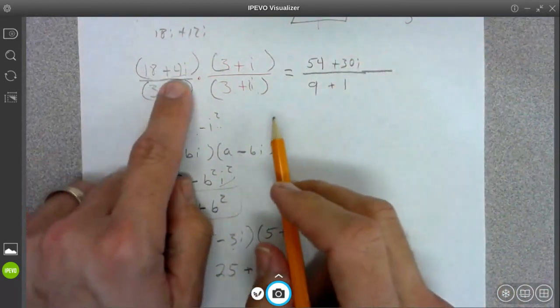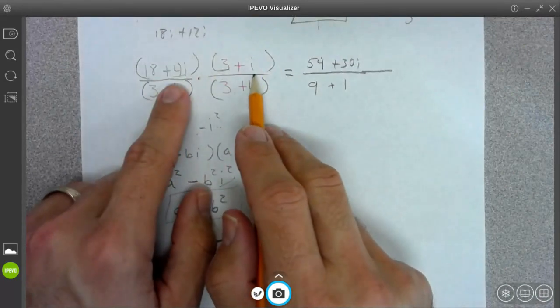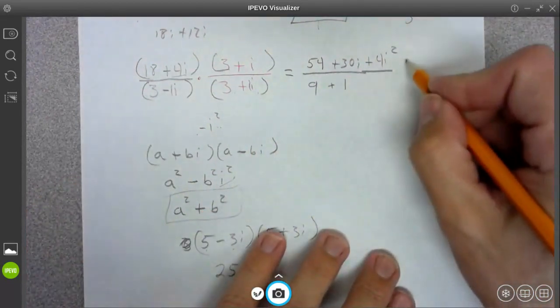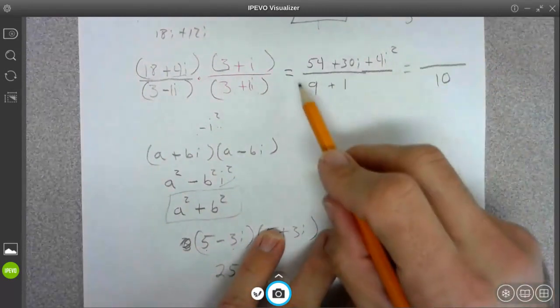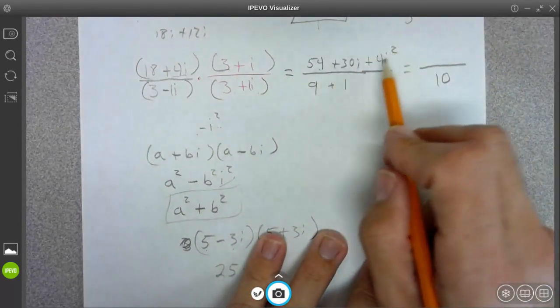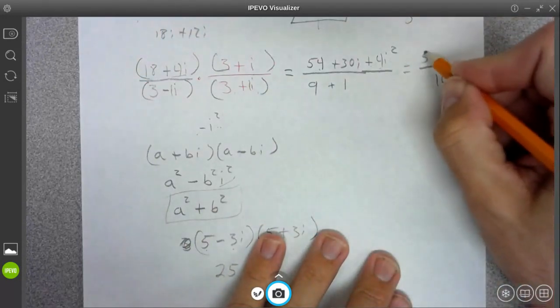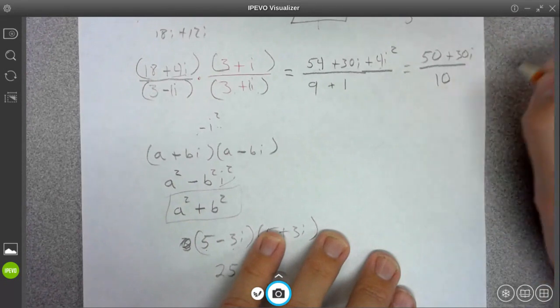And then you'll have 4i times i, which is 4i squared. I'll just write it, 4i squared. And then we'll simplify the bottom, 10. Okay, 54 minus 4, because you get the sign change, is 50 plus 30i.